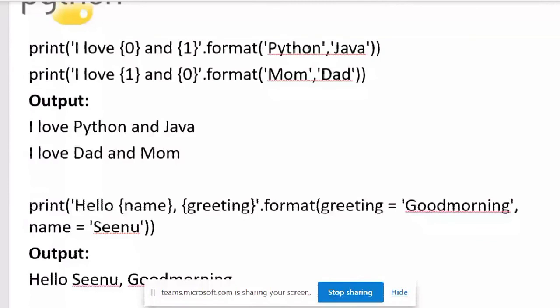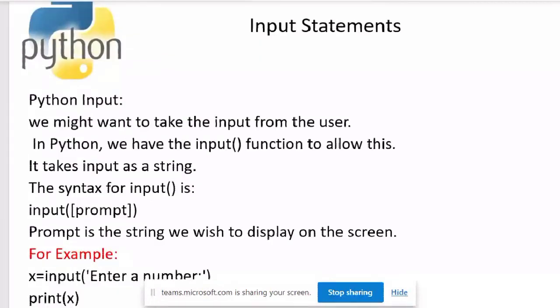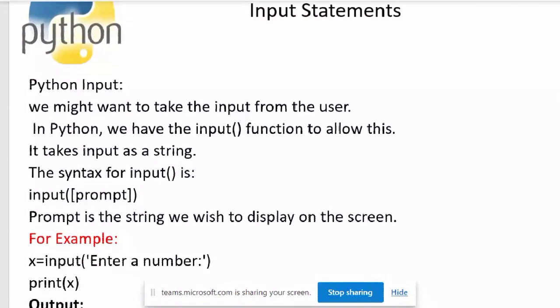I'll just show you that. So what do you see on the screen? Input statements. Sometimes we have to read some values from the keyboard.